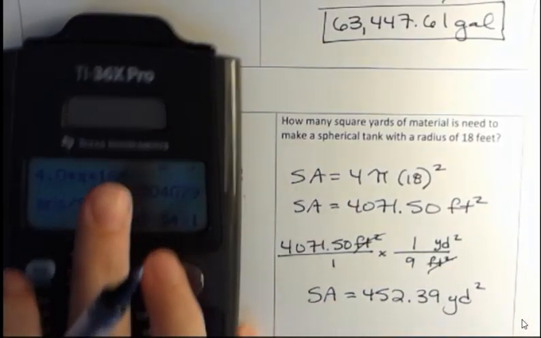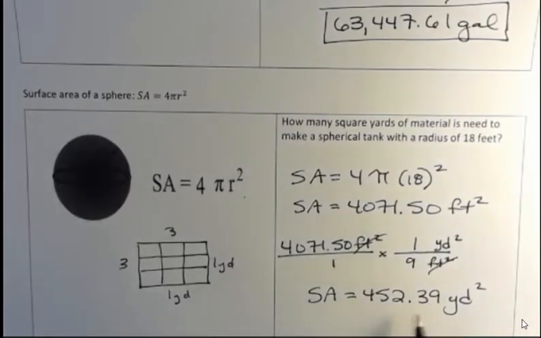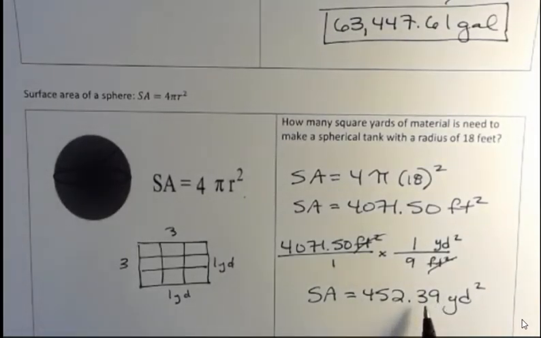Now, if you're going to go to buy this somewhere, you probably would not be able to buy it like that, right? You'd have to buy at least 453 square yards, and you might have to buy more because there's some loss as you work with it. But for our purposes, this is exactly how much you need. Now, whether you could actually buy that much, don't know.